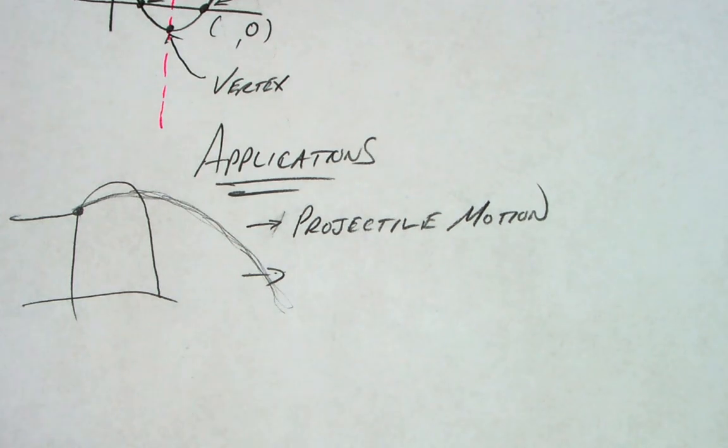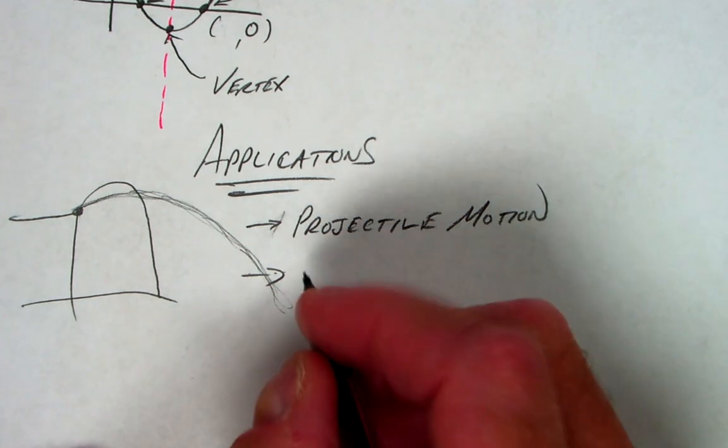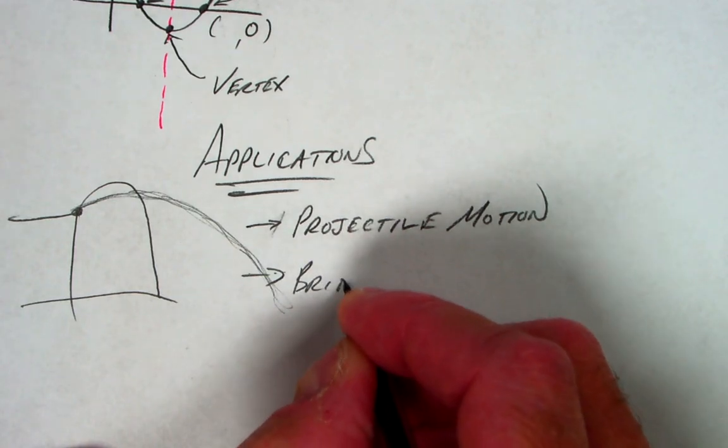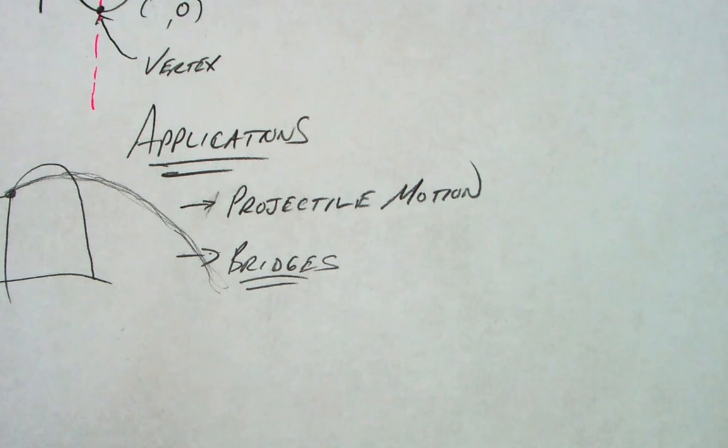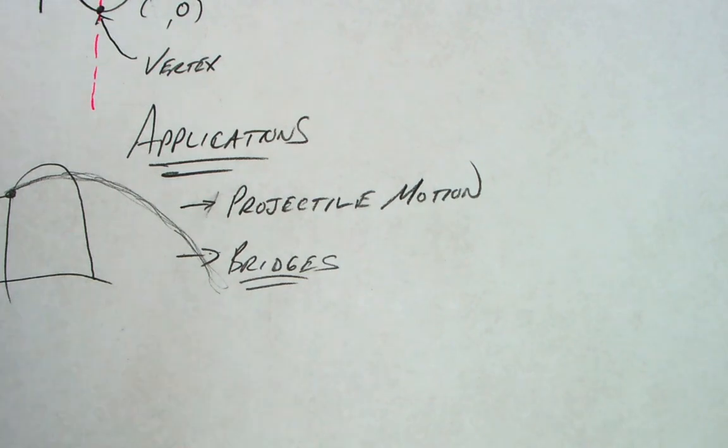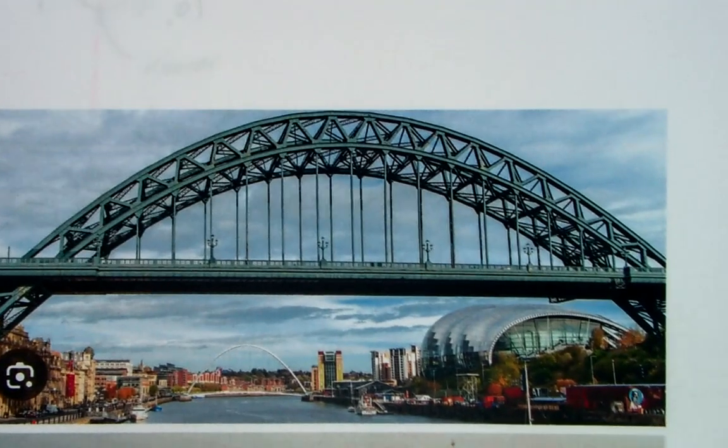Other things, which I think are just, bridges. I'll save the cool part for last. Bridges are a great example of some uses of parabolas. Okay? Because if you take a look at it, yeah, there's a parabola. A parabola is very good at displacing force from one location to the outside.